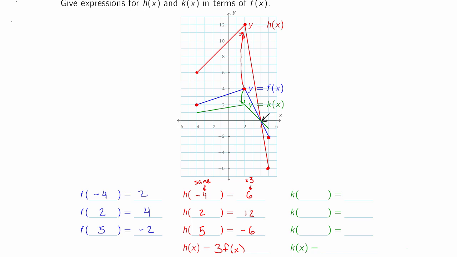Let's see if this still works with the smaller scale factor. We're scaling now by a factor of 1/2, which means we're going to take each y-coordinate and multiply it by 1/2, which is the same as dividing by 2.